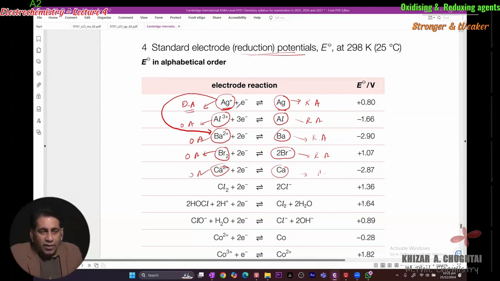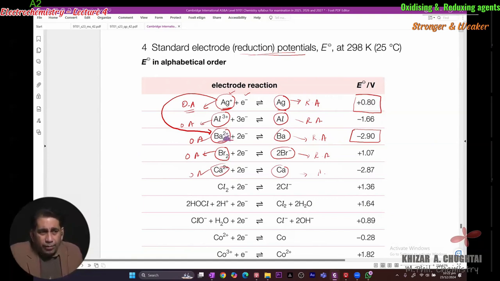To see the strength of the oxidizing agent, you simply compare these values. What is the definition of an oxidizing agent? An oxidizing agent is a species that accepts electrons. The power of the Ag positive ion to accept electrons is plus 0.80.